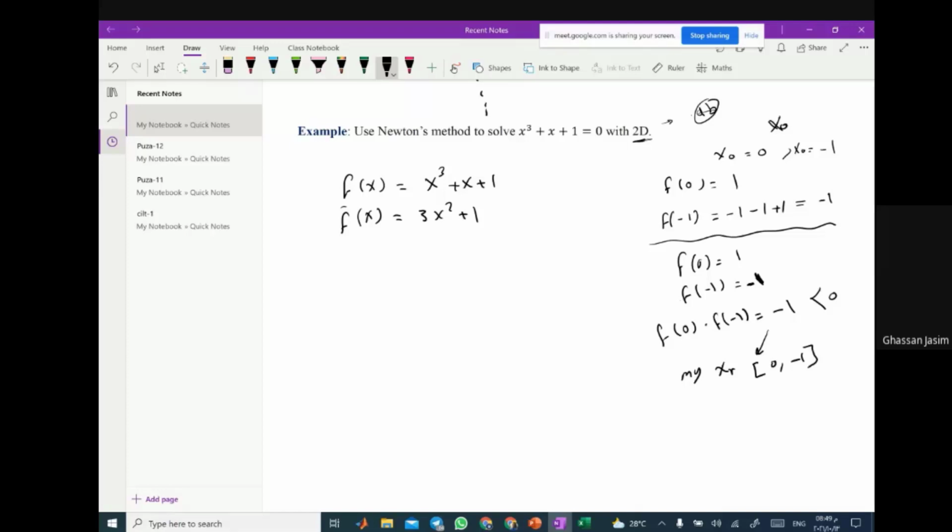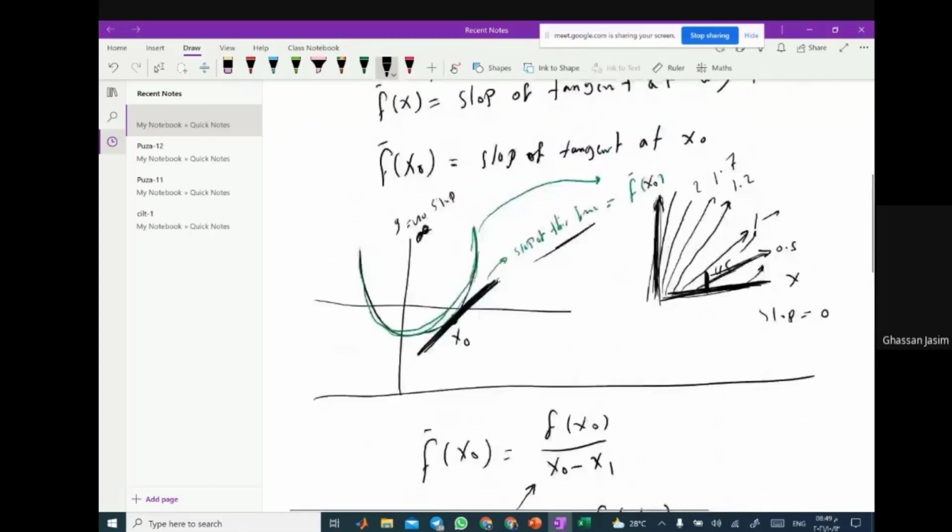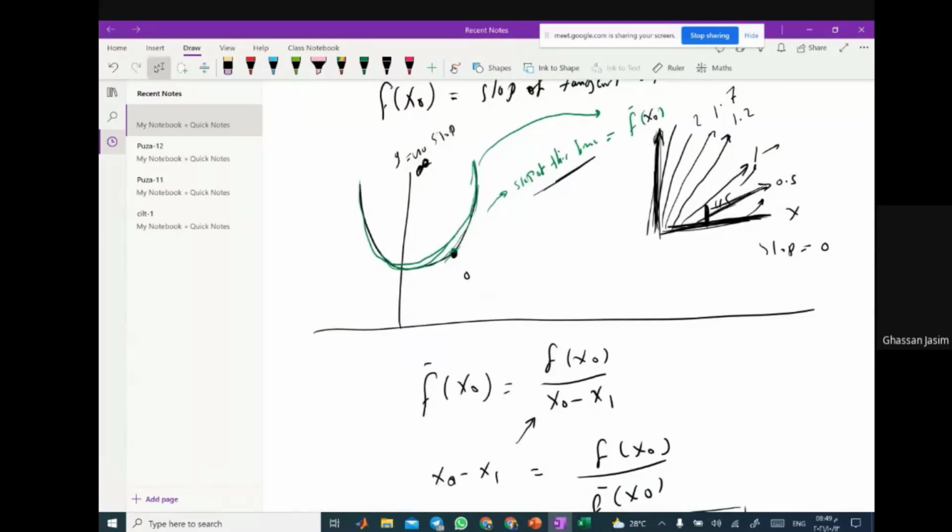Because one of them is negative and one of them is positive.